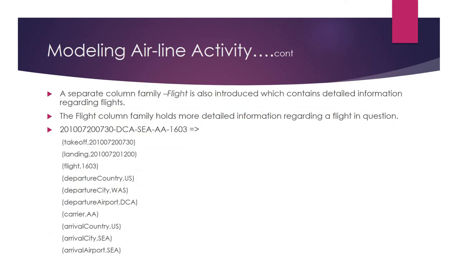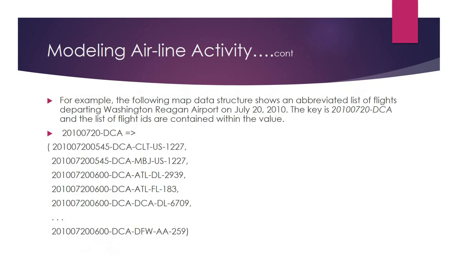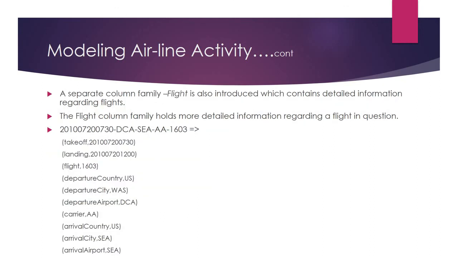Also, we introduce a separate column family called flight, which contains detailed information regarding flights. In the earlier query we just got the flight numbers from the departing airport, whereas this flight column family holds more information about each flight.